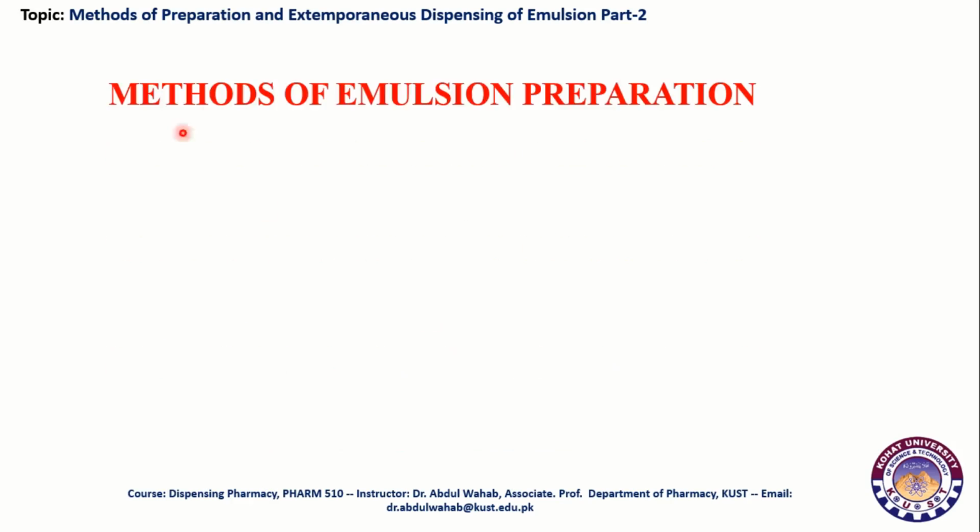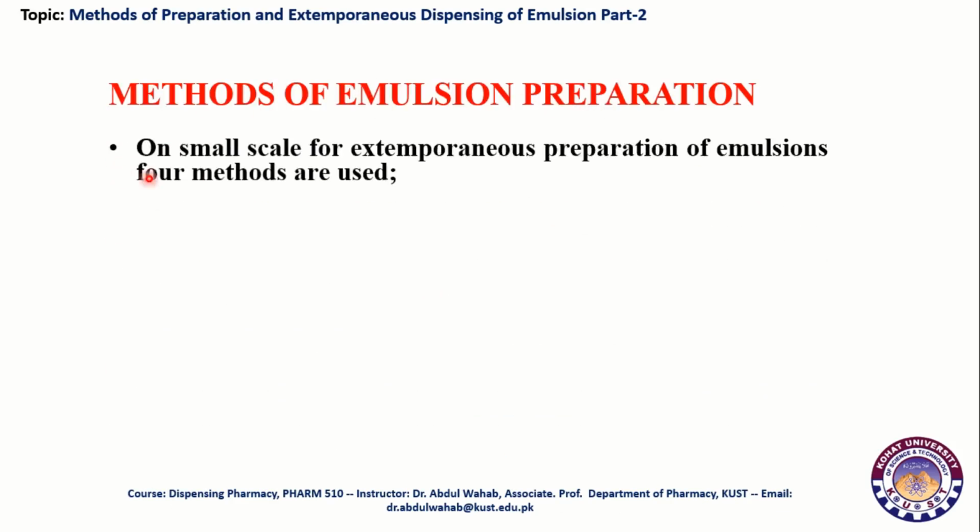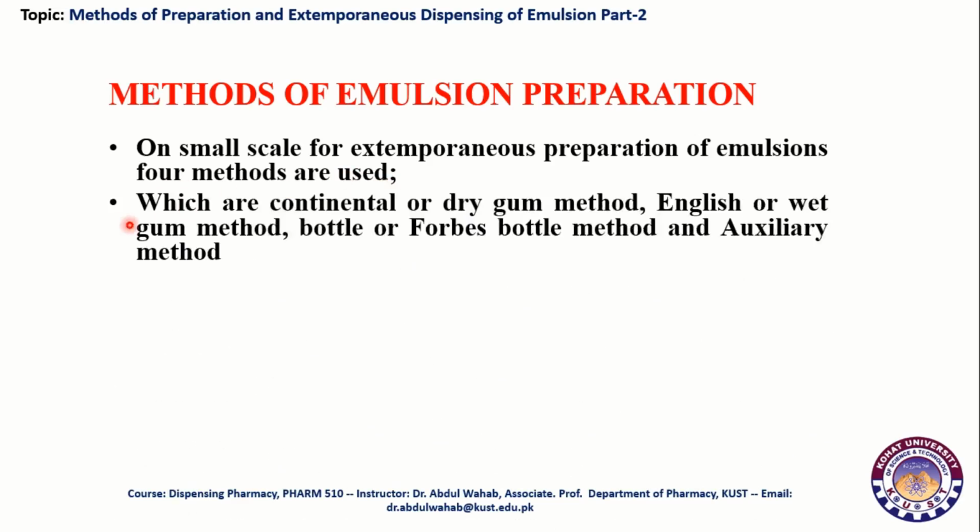So, methods of emulsion preparation. On a small scale, for extemporaneous preparation of emulsion, four methods are used, which are the continental or dry gum method, the English or wet gum method, the bottle or Forbes bottle method, and the auxiliary method.